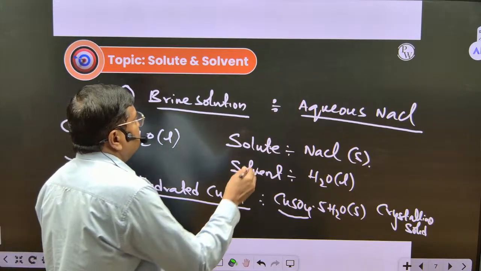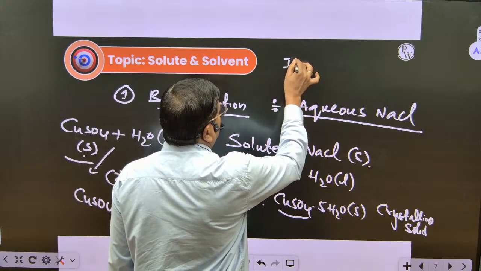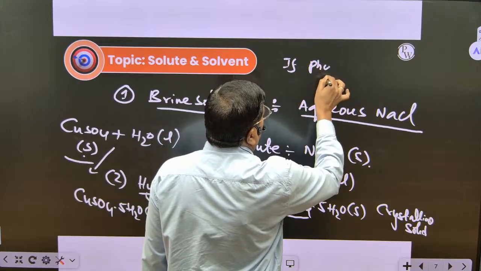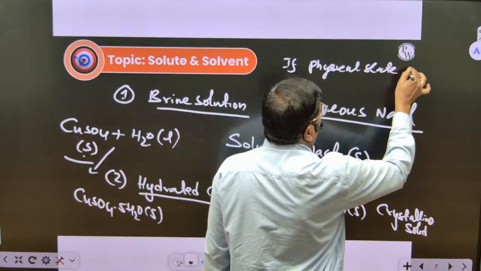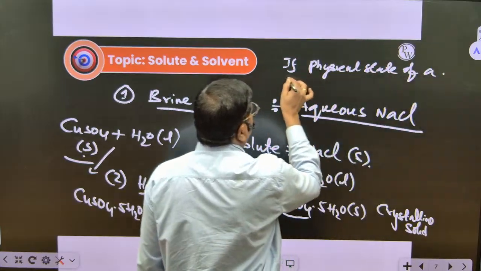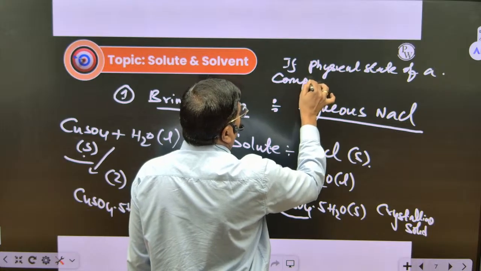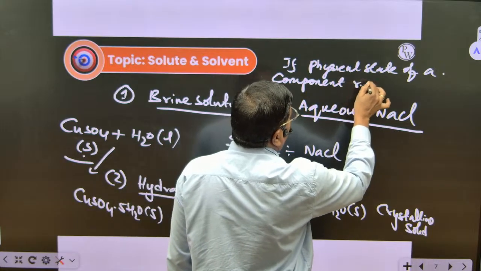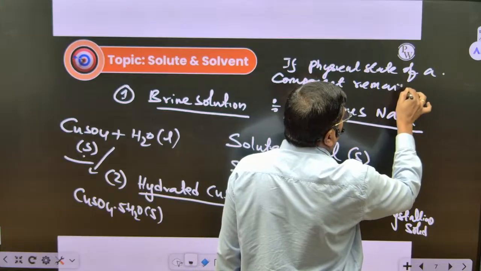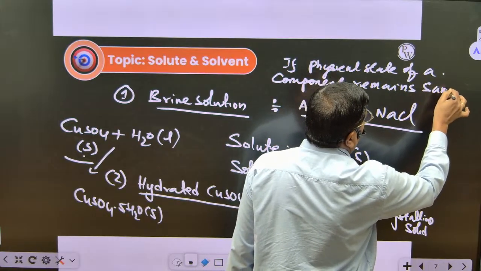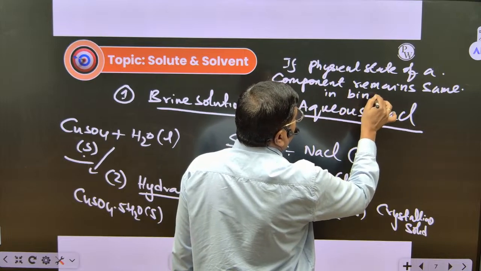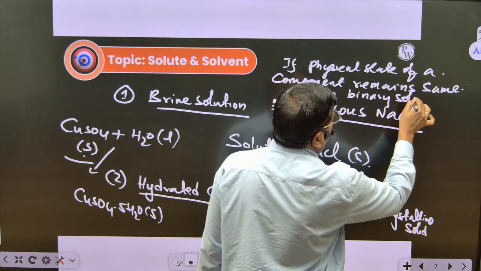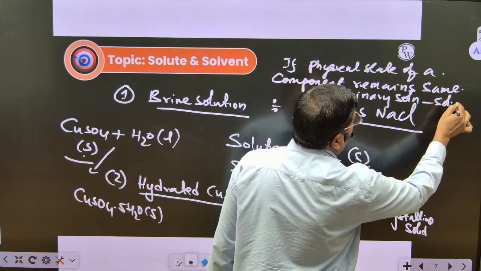Understood? So make a note, if the physical state of a component remains the same in a solution, in a binary solution, that is to be considered as the solvent.